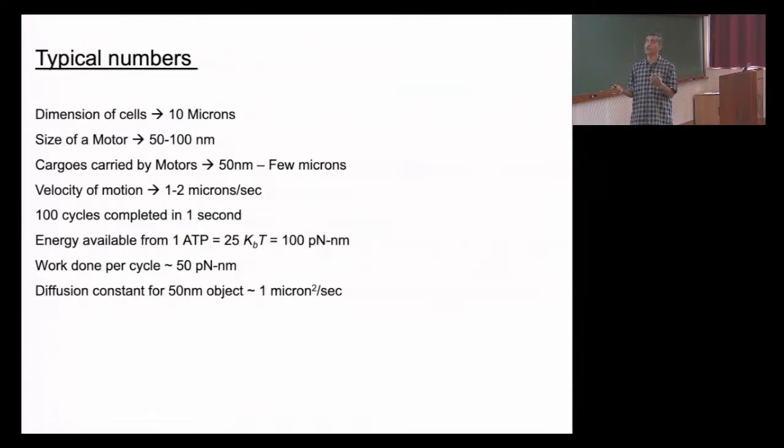To be able to move at 2-3 microns per second, they must go through enzymatic cycles really, really fast, okay? You can have of the order of 100 cycles completed in 1 second. When I walk, I don't complete 100 steps in 1 second, obviously, okay?